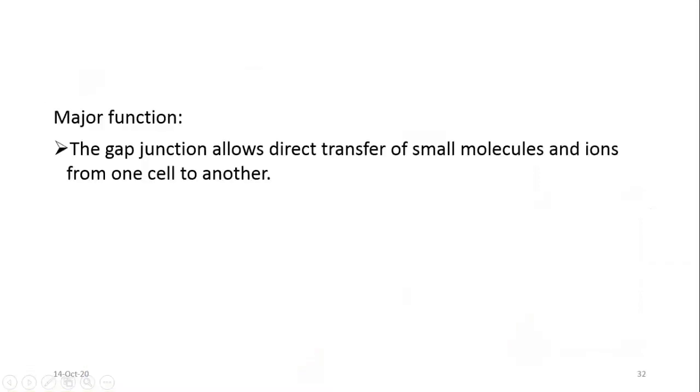The major function of the gap junction, it allows direct transfer of small molecules and ions from one cell to another. That means it is communicating. It allows the passage of small molecules and ions from one cell to another. Any molecule less than 1.5 nanometer in diameter, because the pore diameter is 1.5 nanometer. All the molecules and ions should be less than this to transfer from one cell to another.